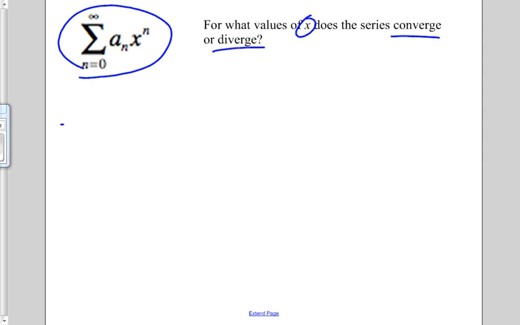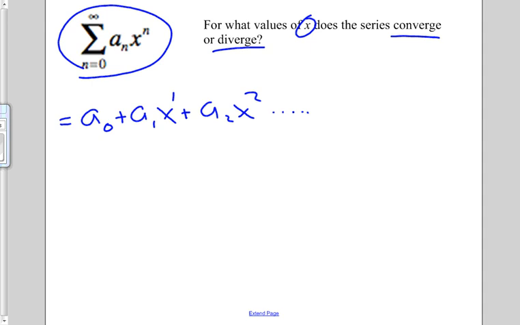Just to write out the first couple of terms so you see them, we'd have a to the 0 plus a to the 1, x to the 1 plus a to the 2, x to the 2, dot, dot, dot. We don't need that to answer this question, though. We want to know for what values of x does a series converge or diverge?